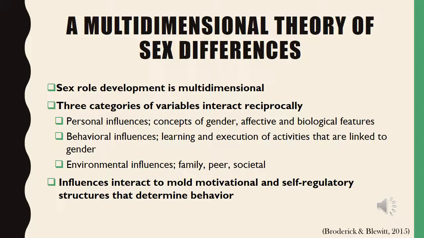And so the chapter touches on three categories of variables that are interacting reciprocally with one another. Personal influences, so our own personal concepts of gender, our affective and biological features. Behavioral influences, so our learning and execution of activities that are linked to gender.